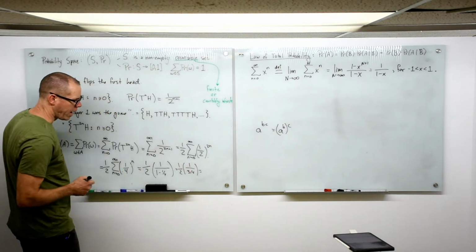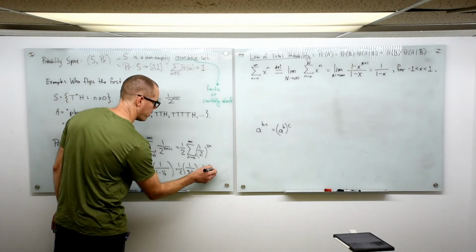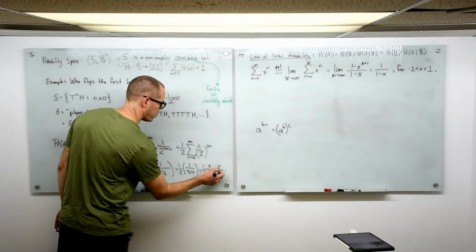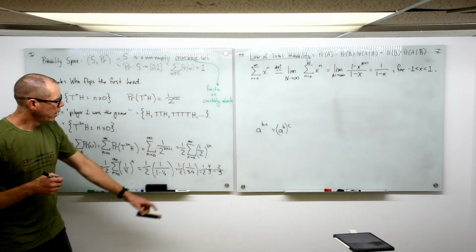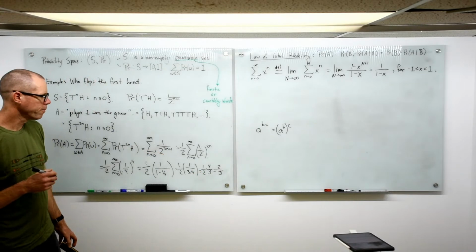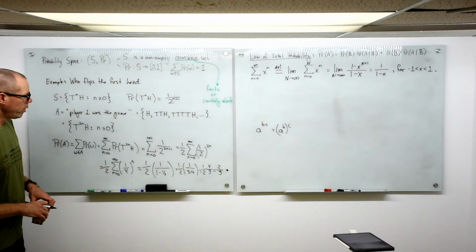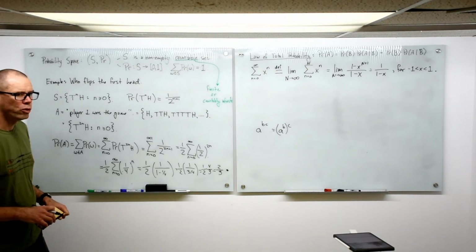But we have 1 over that, so it's actually 4/3. And so we get, in the end, 2/3. 4 divided by 2 is 2, giving us 2/3. So the probability that player 1 wins the game is 2/3.